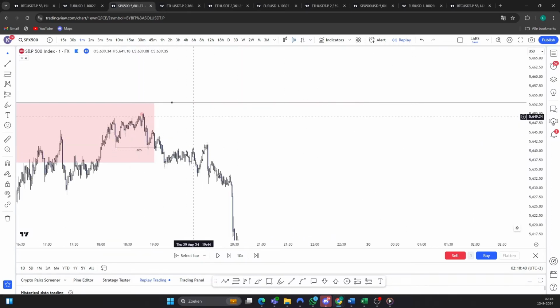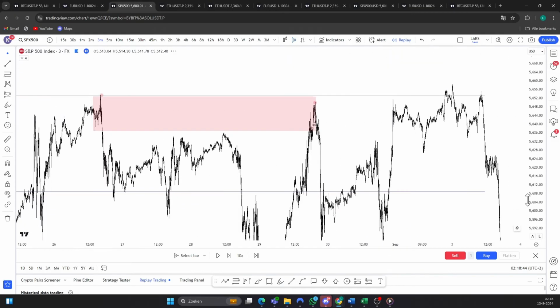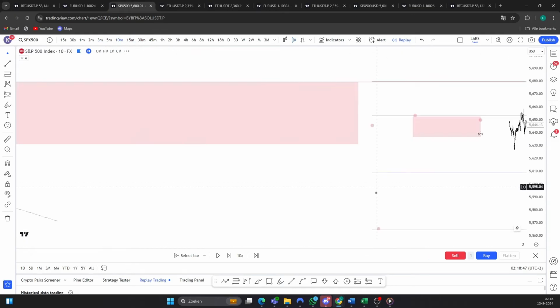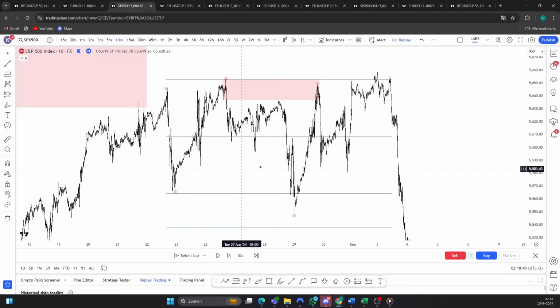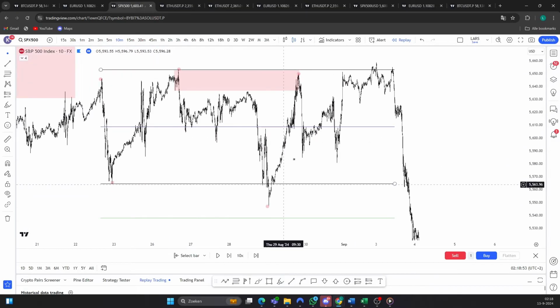Right there on the break of structure, you got that confirmation. Can I target the range low? Not per se, because this can turn into an accumulation schematic, because you also already have the deviation at the bottom right here.